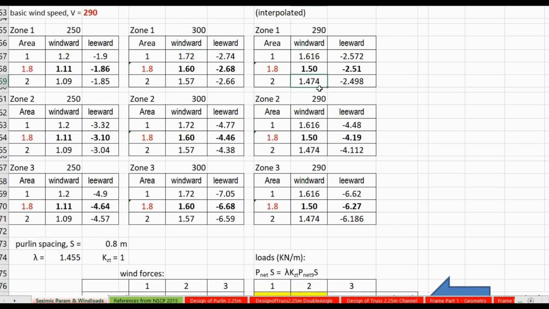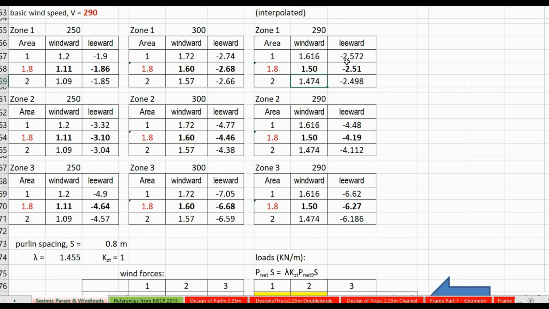Next, ito namang 1.474. Nanggaling yan dito sa 1.09 tsaka itong 1.57. So, this is windward area 2. Then, this is also windward area 2. So, that's how you get 1.474.